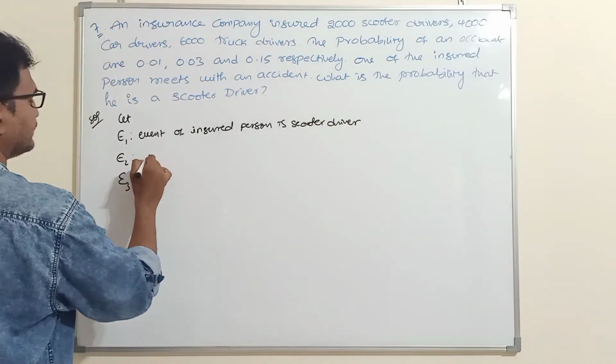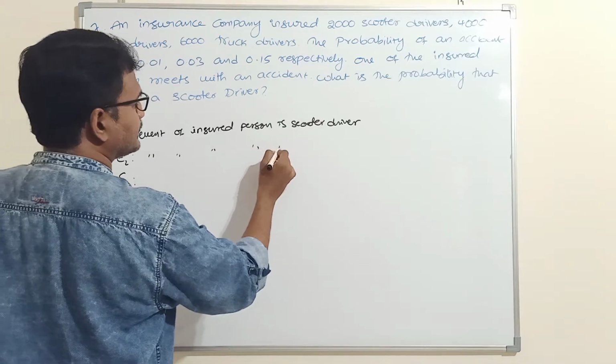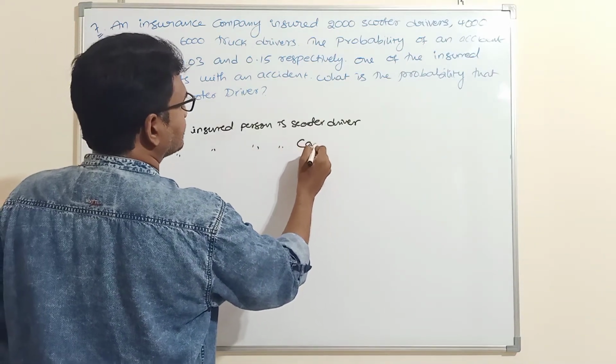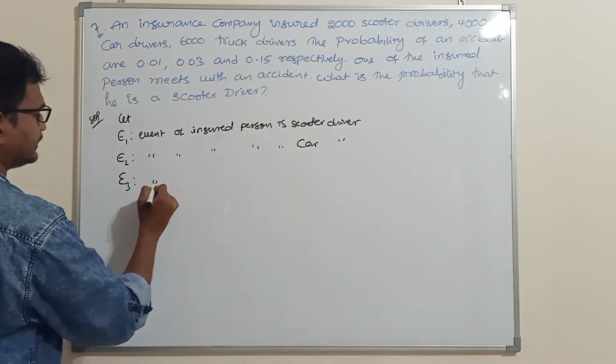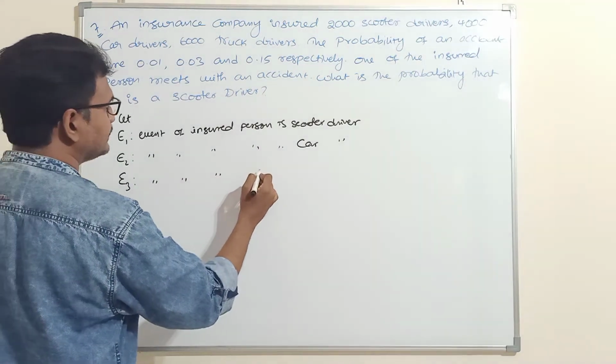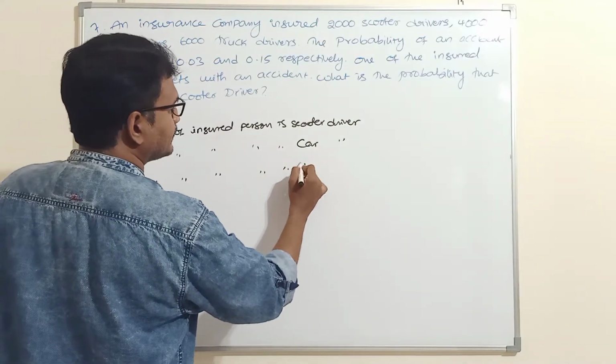Second, E2, the insured person is a car driver. Third, E3, the insured person is a truck driver.